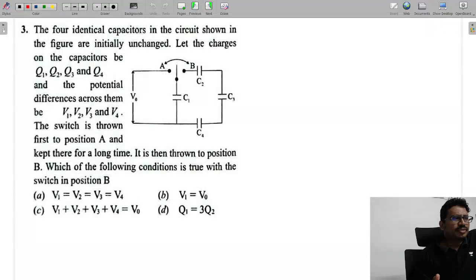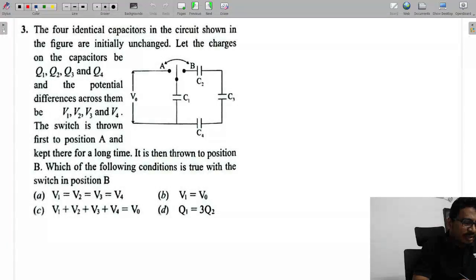The switch is thrown first to position 1, kept there for a long time, and then thrown to position B. Which of the following conditions is true with the switch in position B?